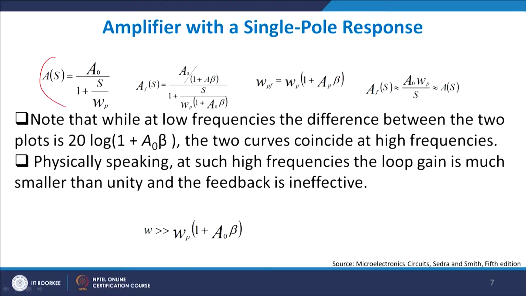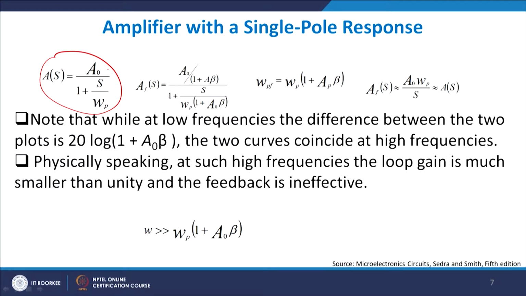That is the basic idea. Then we come to the fact that let us suppose we do have a single pole response, which means I have a single pole on the left hand side. We can safely write down for a single pole system A(s) equals A0 upon 1 plus s by omega p.